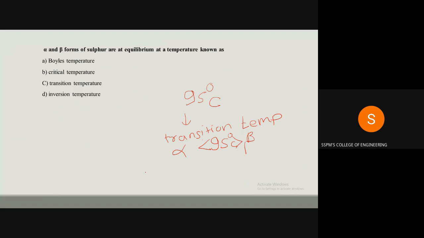Alpha form of sulfur and beta form of sulfur. Alpha and beta are the allotropes of sulfur.